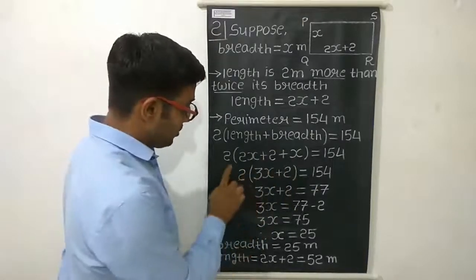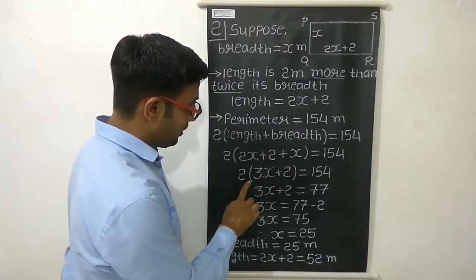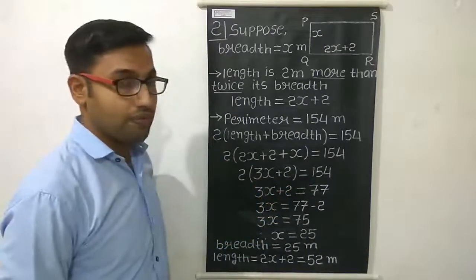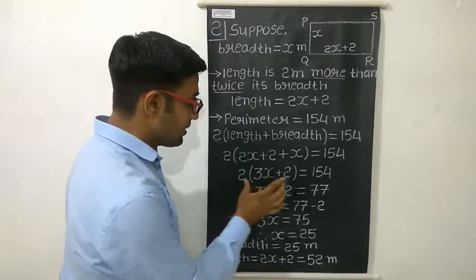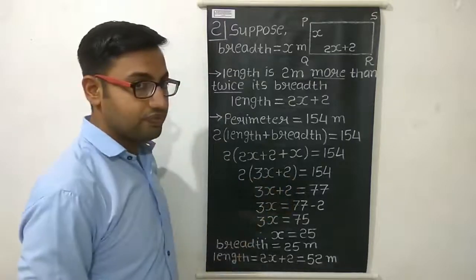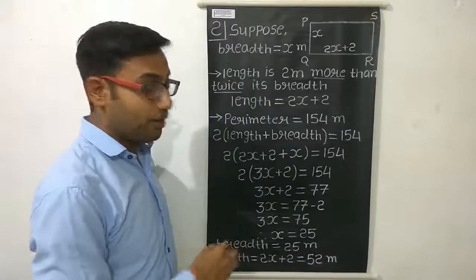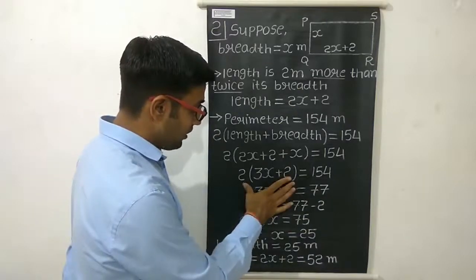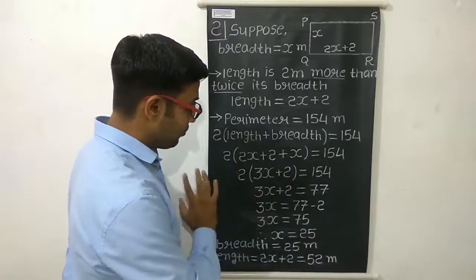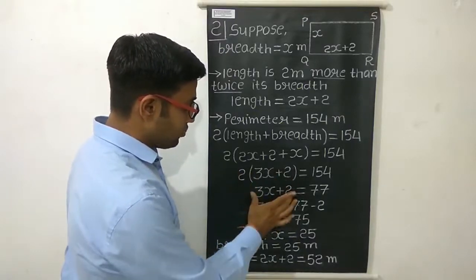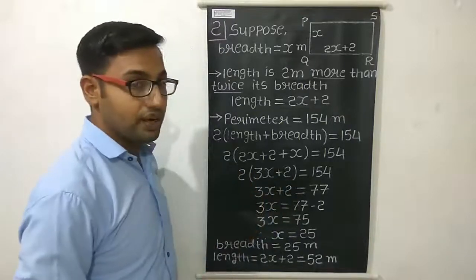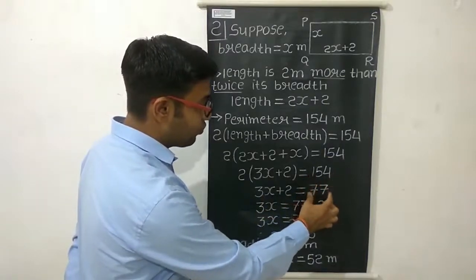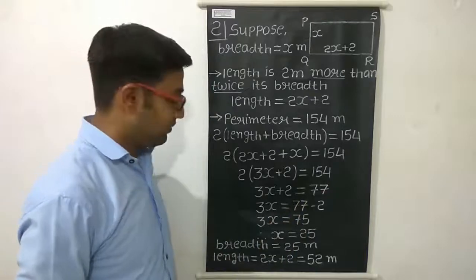The simplification we get here is 2 in the bracket 3x plus 2 is equal to 154. Now this 2 is multiplying this bracket. To cancel out this 2, we have to divide both sides by 2. If we divide this side by 2, this 2 will cancel out with the denominator 2, so only 3x plus 2 will remain. And by dividing the right hand side by 2, we get 77.